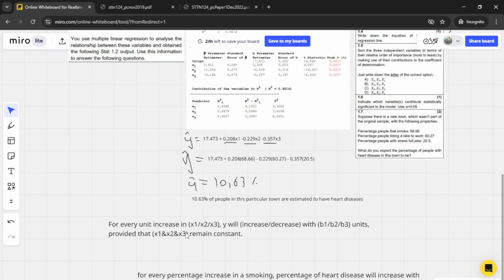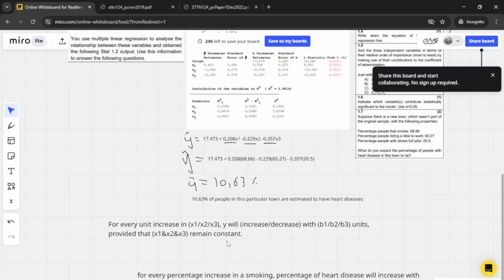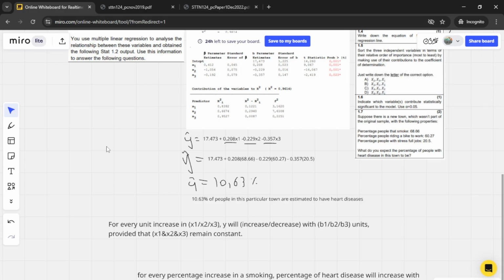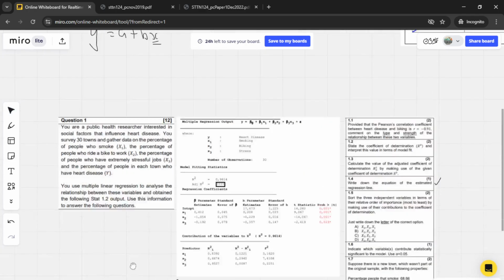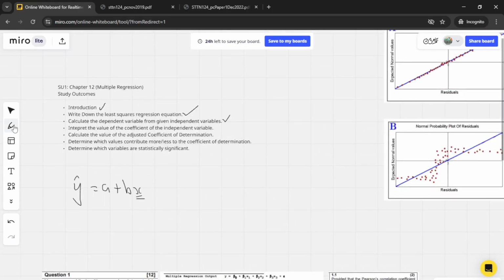First I wrote this, and then from there I do the elimination. After elimination, I write the answer specially for this information that we have here. That is how we interpret the values of the coefficient of independent variables.